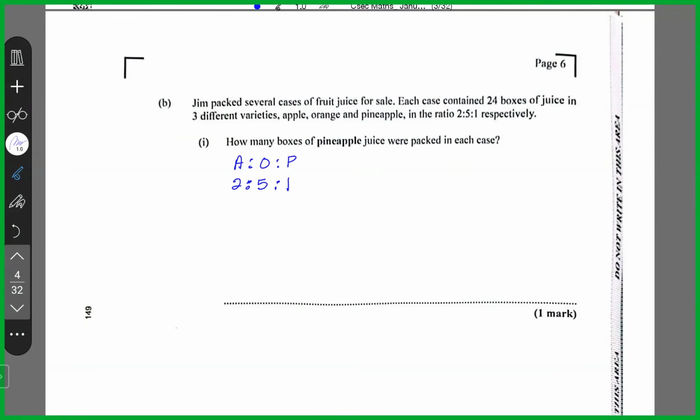2 to 5 to 1 means that the number of boxes in the case is divided into 8 parts. Pineapple is one part of the 8. We are asked how many boxes of pineapple juice were packed in each case.